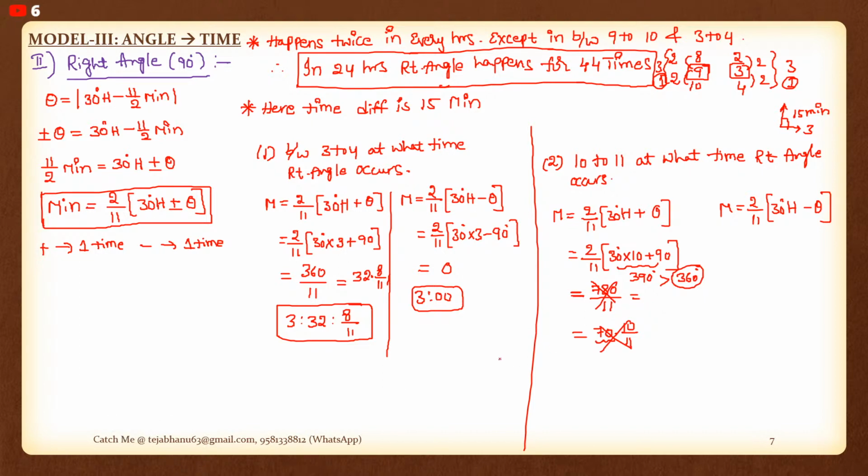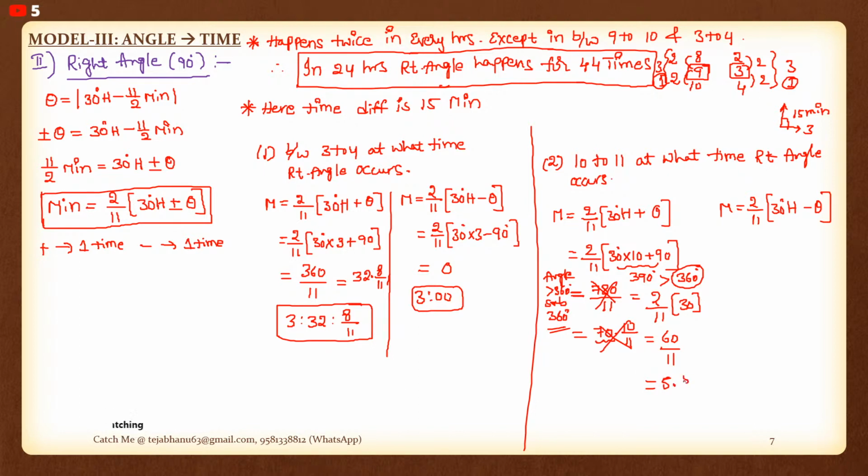Keep in mind, if the angle is greater than 360 degrees, subtract 360 degrees. If you subtract 360 from this, 2 by 11 into 30, which is 2 threes are 60 by 11. 11 fives are 55.